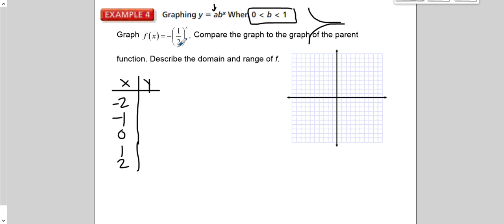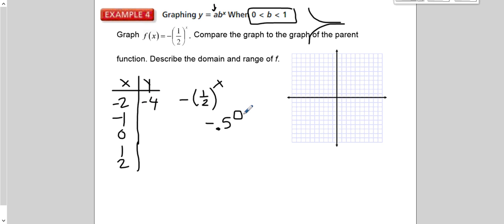Okay, grab a calculator. You're doing negative and then 1/2. I would put in a 0.5. That's going to be easier to type. Negative 0.5 to a power. So you can just grab a calculator. Negative 0.5 up to the -2 power. Hit enter.